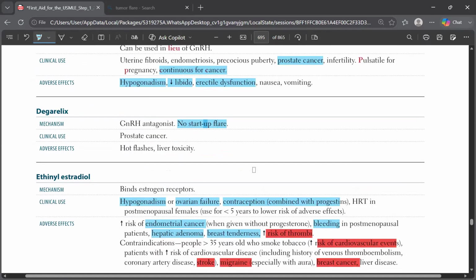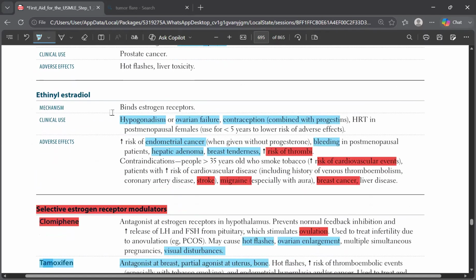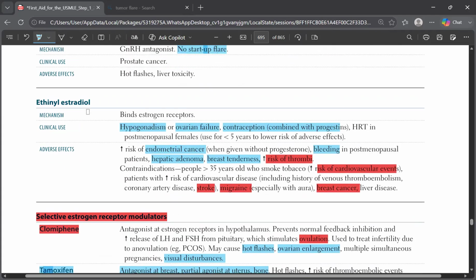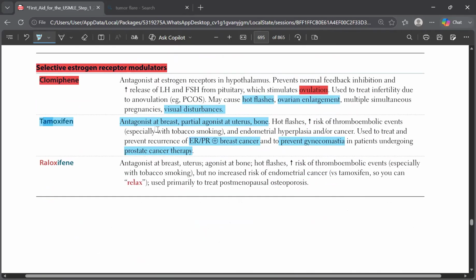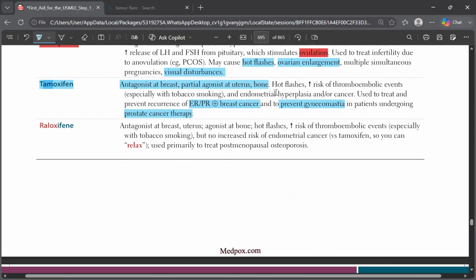If we correlate it with ethynyl estradiol, it is going to cause endometrial hyperplasia, hot flashes and increased risk of thromboembolic events, just similar to the increased estradiol effects on the body, but there are not going to be effects on the breast, such as breast tenderness or breast cancer, because it is basically being used to treat breast cancer.